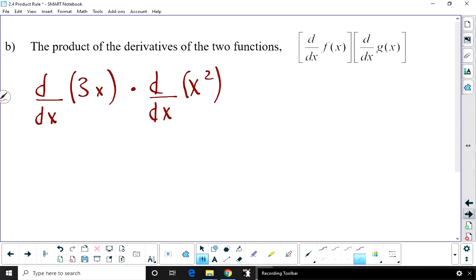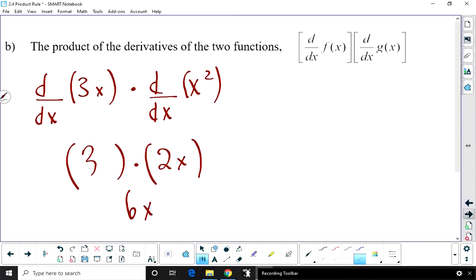The value in doing this is getting you more accustomed to that notation. So the derivative of 3x with respect to x is 3, multiplied by the derivative of x squared with respect to x is 2x, and 3 times 2x is 6x, which isn't what we got when we found the derivative of the product.